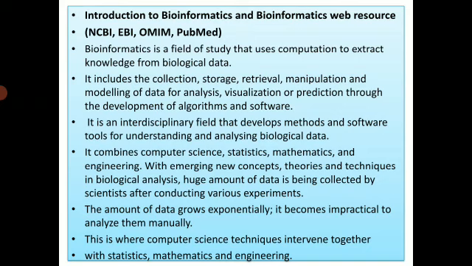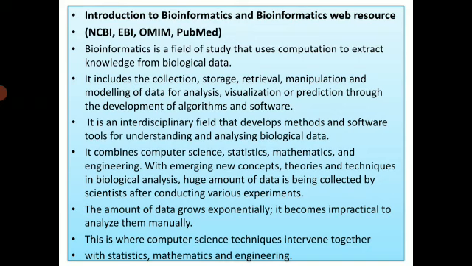So finally, only data is not sufficient, you have to analyze the data and come to a particular conclusion. Visualization or prediction through the development of algorithms. Here you're going to use algorithms and software, which is again related to mathematics. So with the help of software and mathematical tools, you are going to solve problems related to biology.